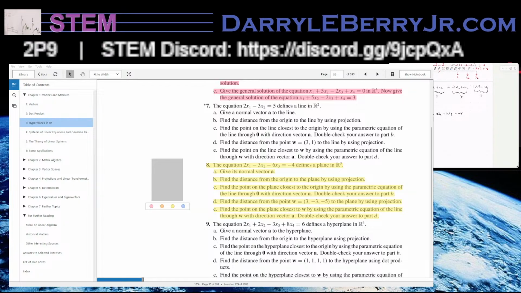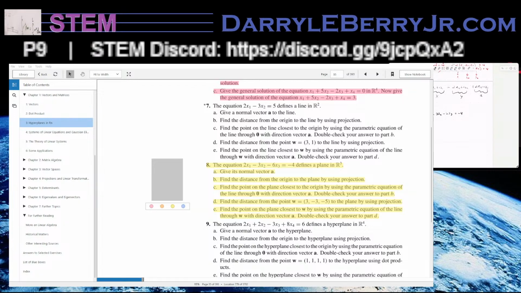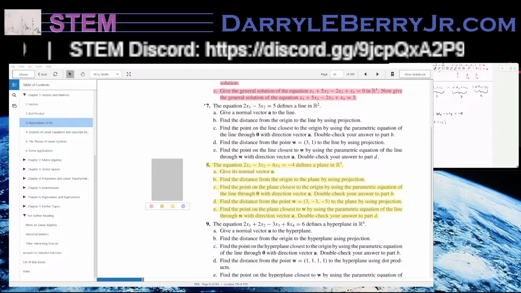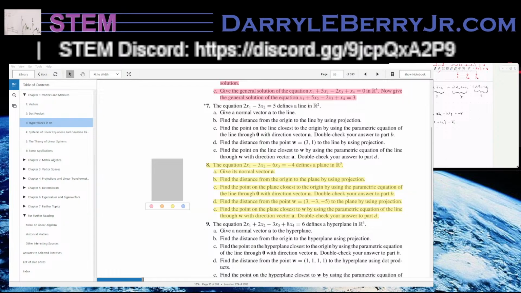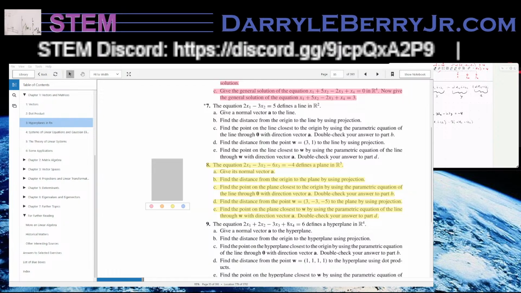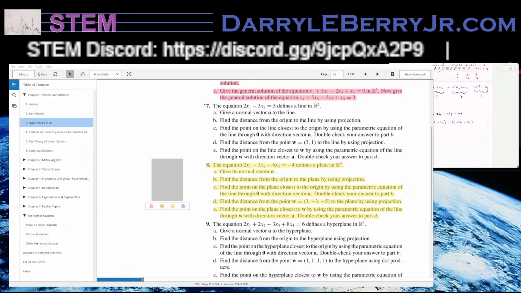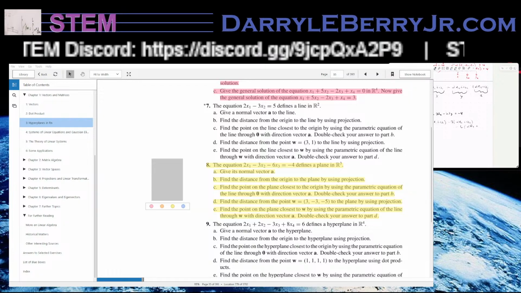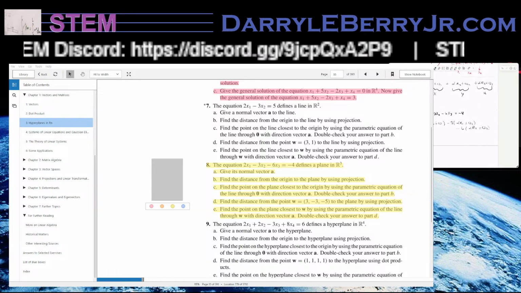So that means it's going to equal 2 alpha A1 plus W1 minus 3 alpha A2 plus W2 minus 6 alpha A3 plus W3.